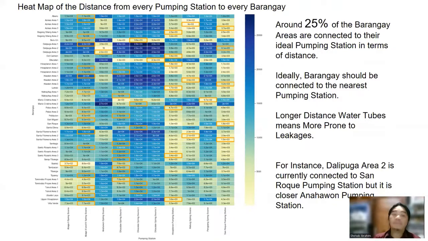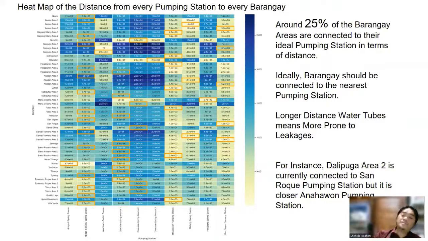Ideally, barangays should be connected to the nearest pumping station, but only 25% of these barangay areas are connected to their nearest pumping station. Around 75% are not.